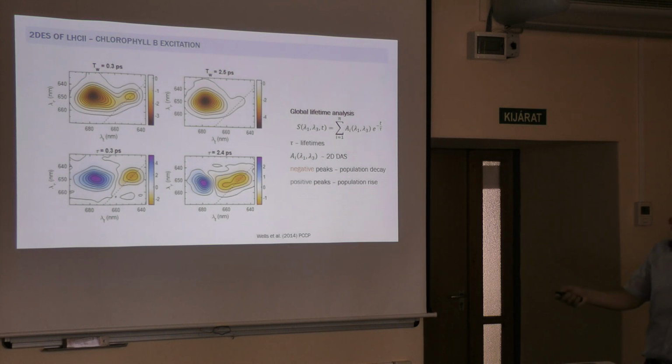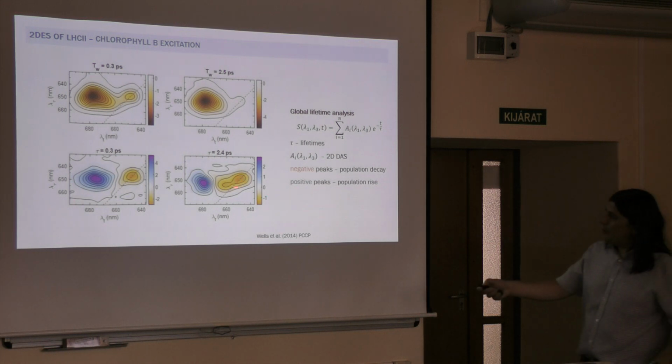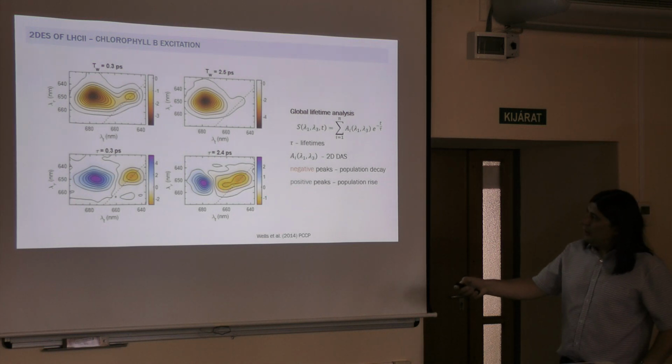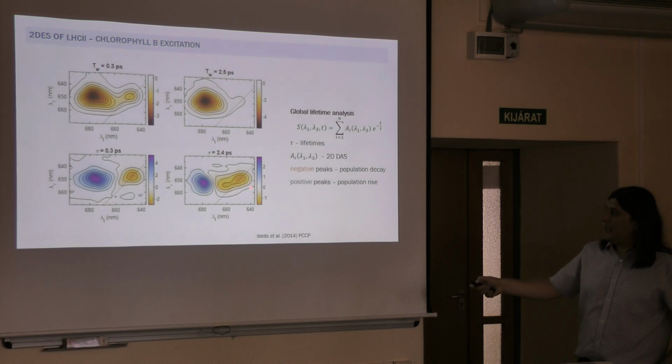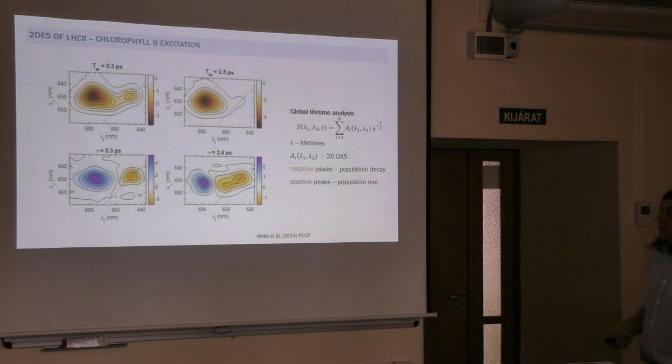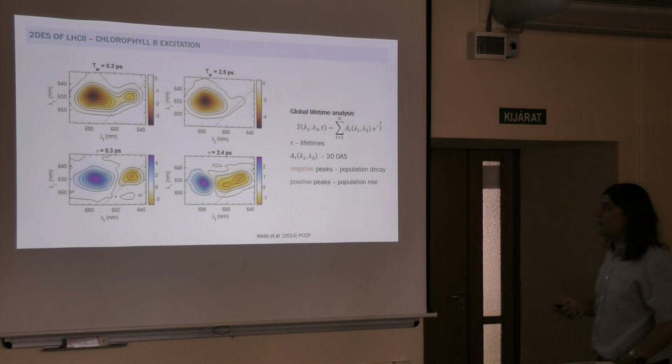So what you see is energy transfer from chlorophyll B to chlorophyll A. And you can see different states. If we excite at 650, or if we excite at 660 nanometers, these are different states. They have different dynamics, and they are coupled differently with the chlorophyll A's. So we can get some idea about the connectivity.